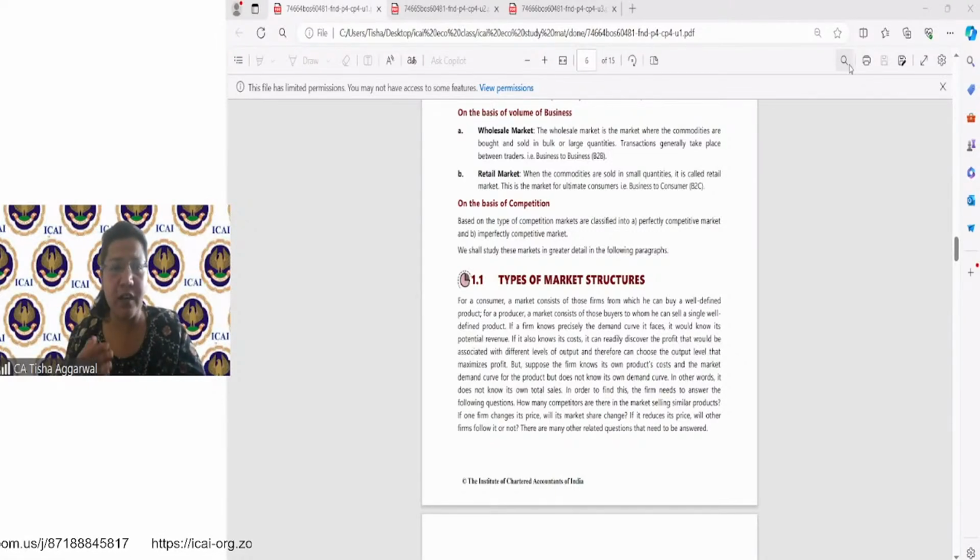Wherein all the items of the supply can be absolutely changed is what is known as the very long market. You are not dependent on the fact that I cannot change the supply. No, nothing like that. The supply can be easily changed as per the requirement. This is how the long-term market takes place. So this is one point that we need to understand.